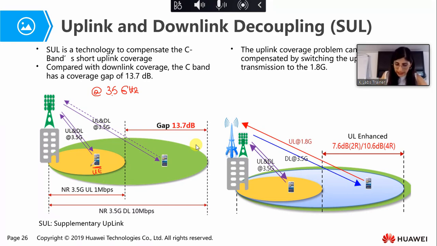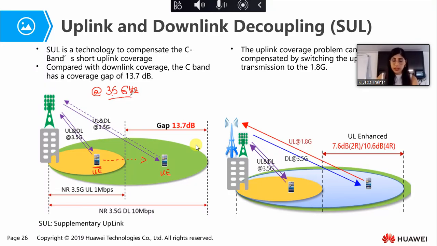The problem is that as the user equipment moves far from the base station, the power of our base station is much greater with respect to the power of our terminals. So as our user equipment moves far from the base station, it can still receive a good quality signal at 3.5 gigahertz.